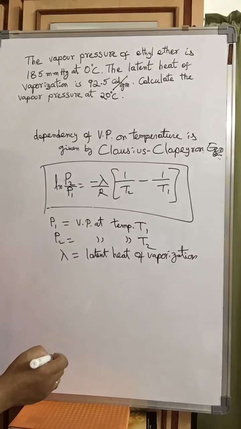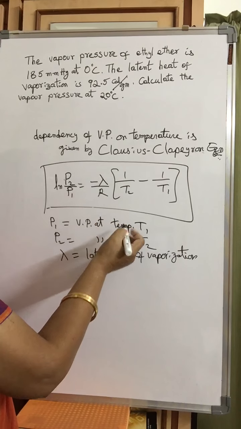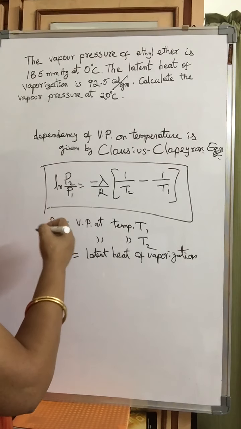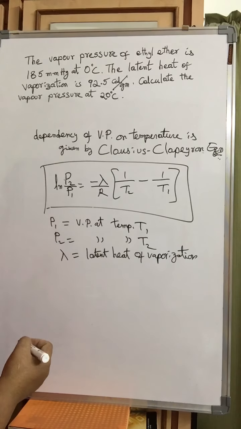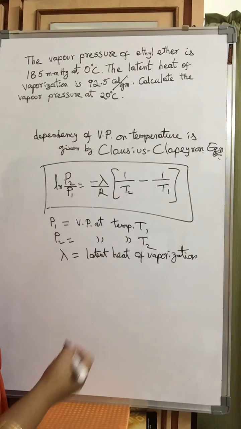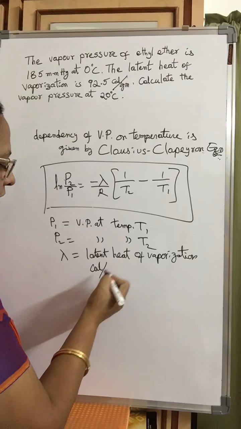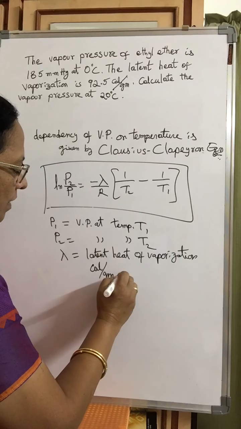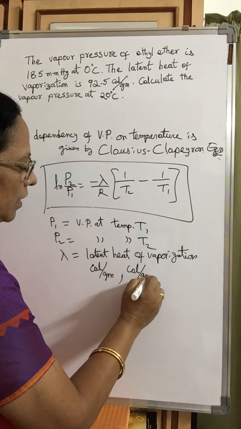Why is latent heat of vaporization taken in this equation? Because the liquid is changing its state from liquid state to vapor state. The phase is changing from liquid phase to vapor phase. That is why lambda is included in the equation. Its units are usually, this is only one example, either calorie per gram or calorie per gram mole.